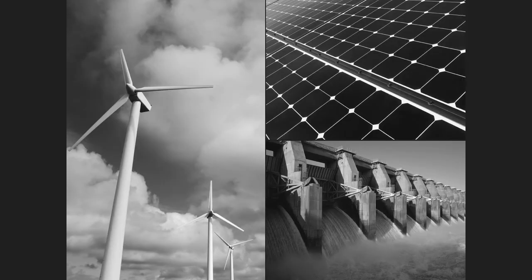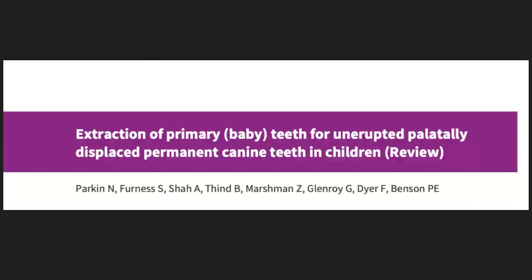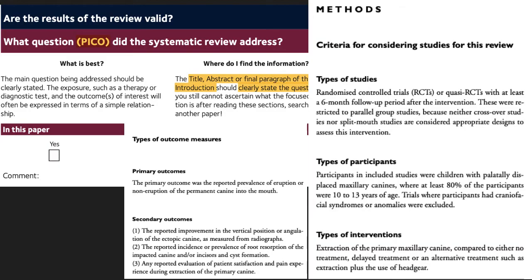Okay, I will go through the other systematic review, the systematic review by Parkin. The first question: what PICO question did the systematic review address? I think there is more detail in this systematic review because it is a Cochrane systematic review.